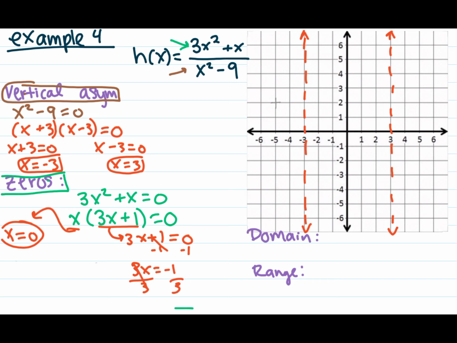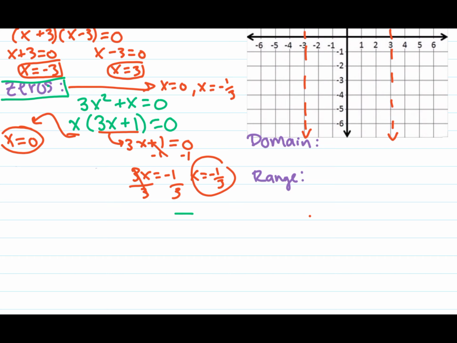So that gives me x equals -1/3. My two zeros, or my two x-intercepts, are 0 and -1/3. All right, next up is our horizontal asymptote. So let's do that.